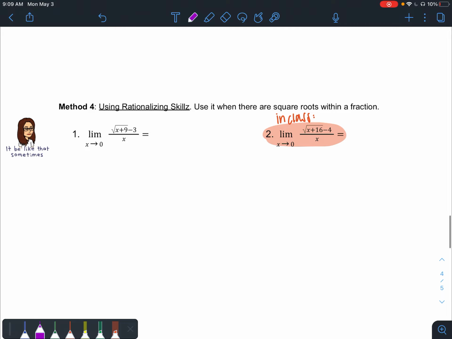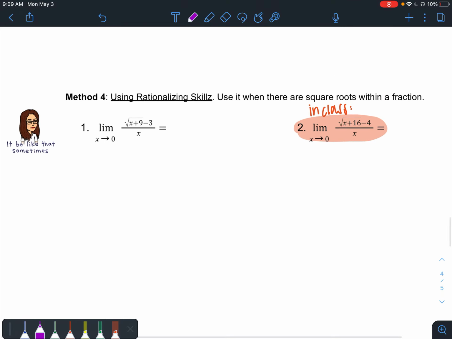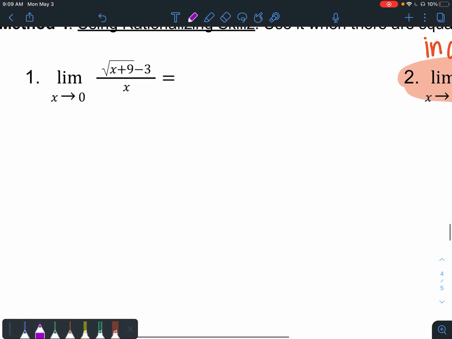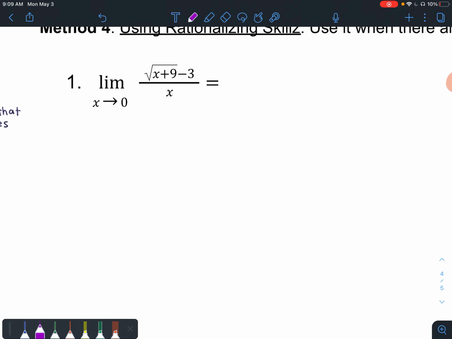Okay. Then we can also rationalize. We want to do that when there's square roots in the fraction. So if you remember, we're going to have to multiply by the conjugate to get rid of that radical.